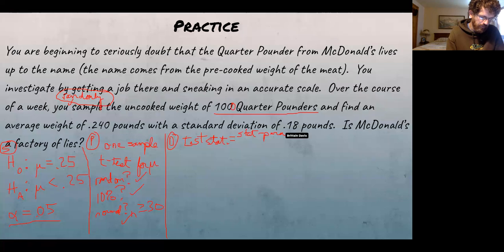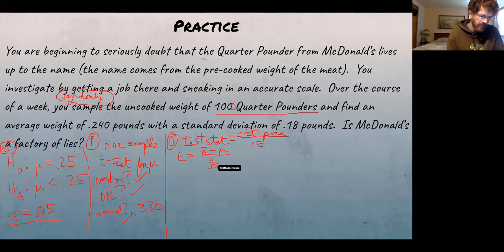Again, this comes straight from the formula sheet. Specifically for this, we are working with means. So that's going to be t equals x bar minus mu, divided by the sample standard deviation divided by the square root of n.